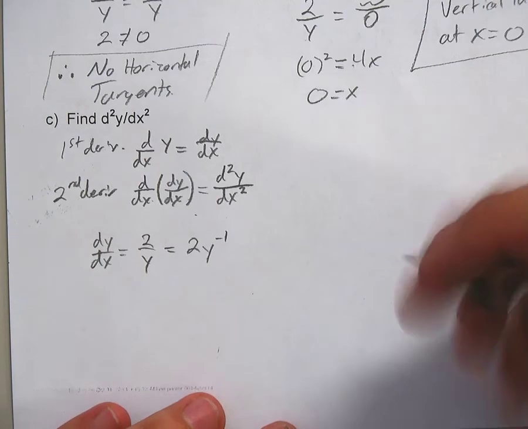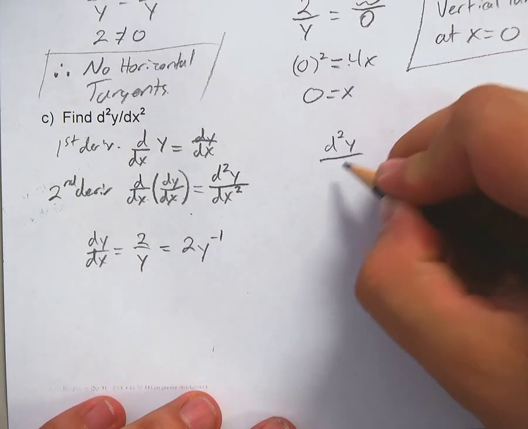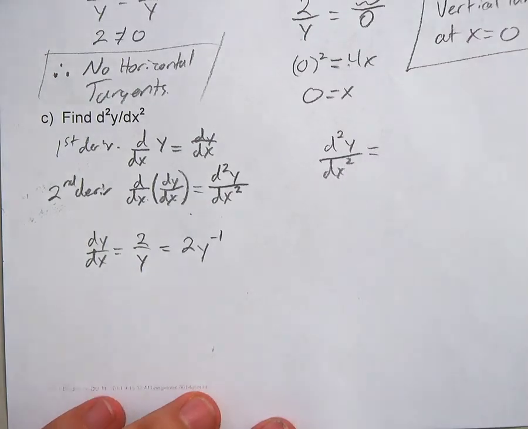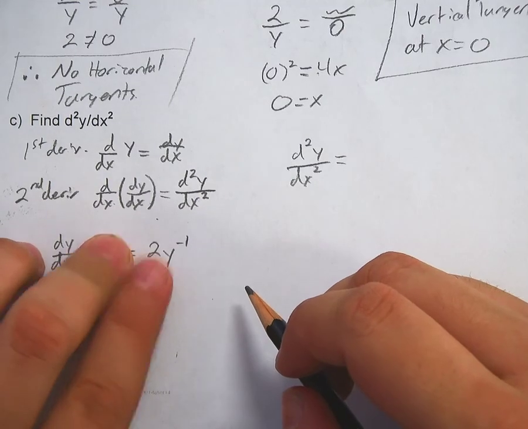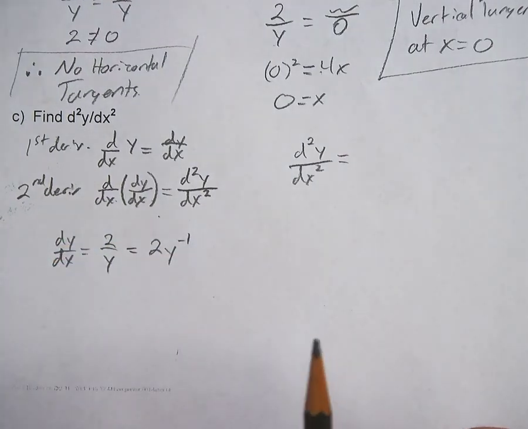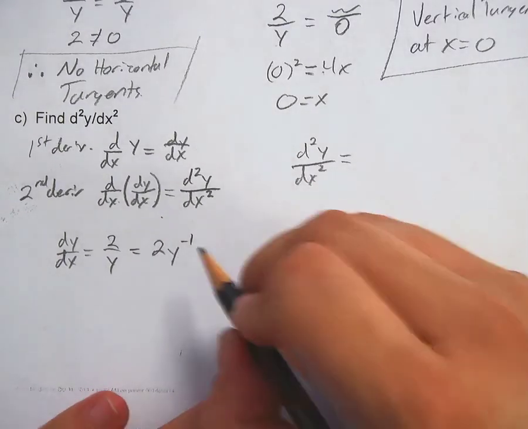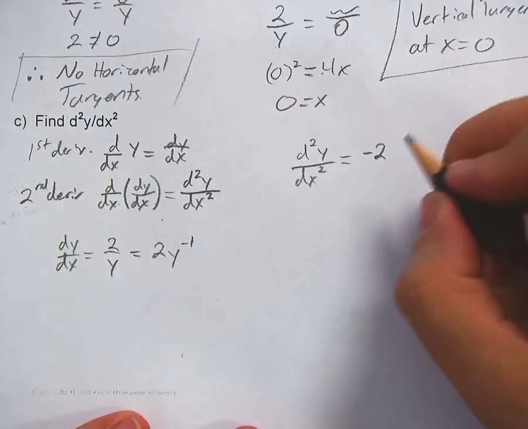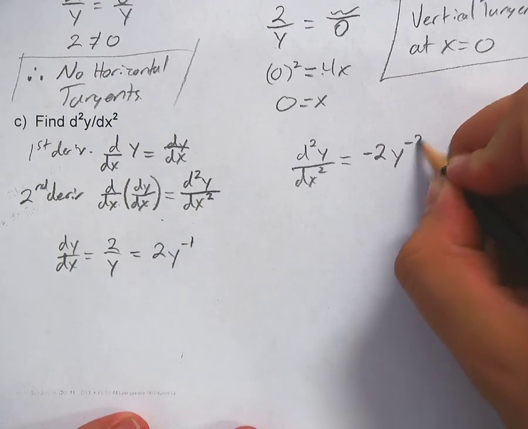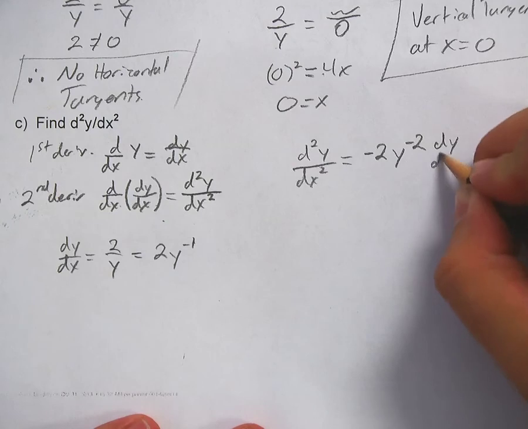All right, so the second derivative, d squared y over dx squared. Let's look at this guy right here, right? The second derivative is going to be your 2 stays there, and you drop your negative 1 down, negative 2y to the negative 2 times dy/dx.